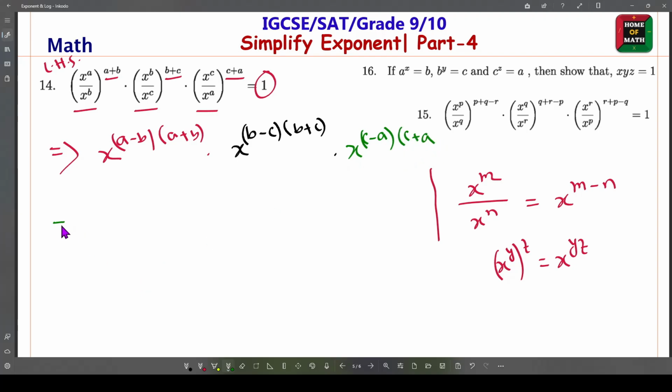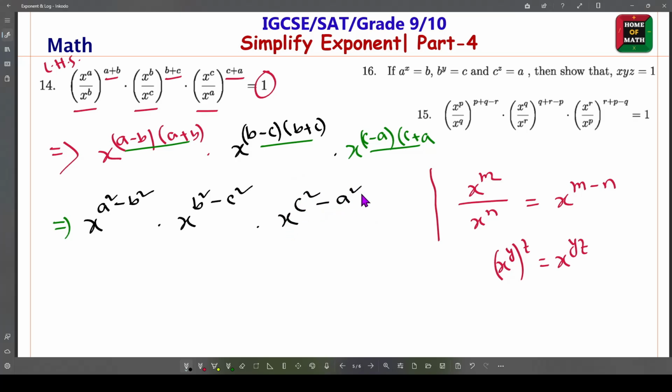Okay, then it's looking like a plus b times a minus b, so we can write x to the power a square minus b square, times x to the power b square minus c square, times x to the power c square minus a square.